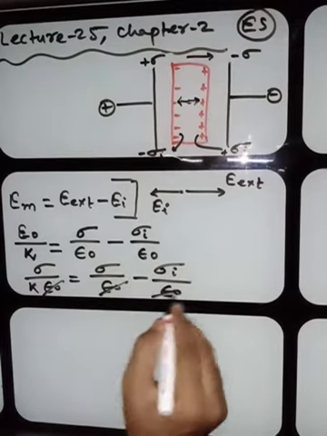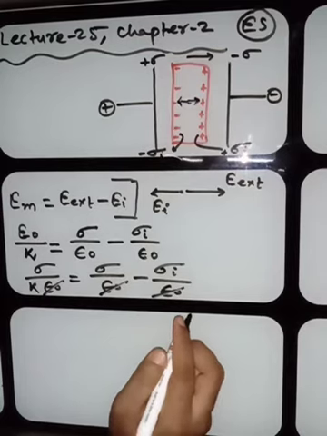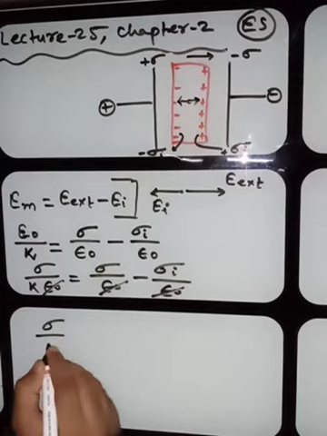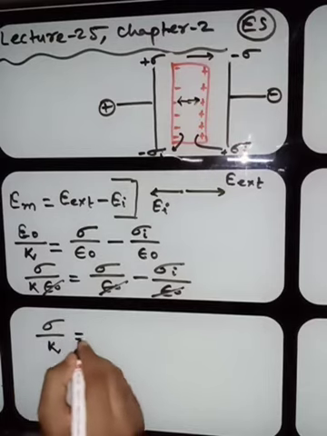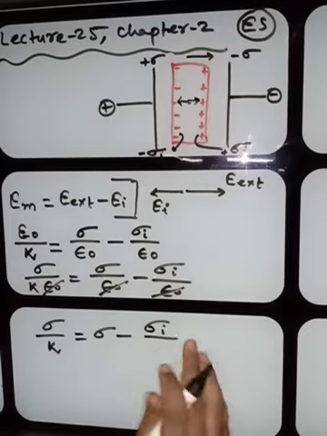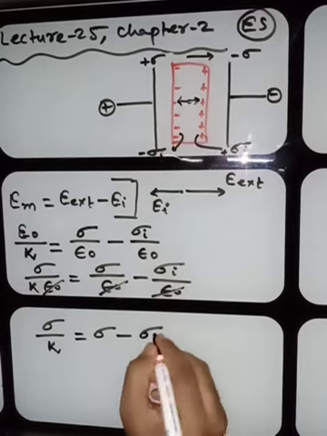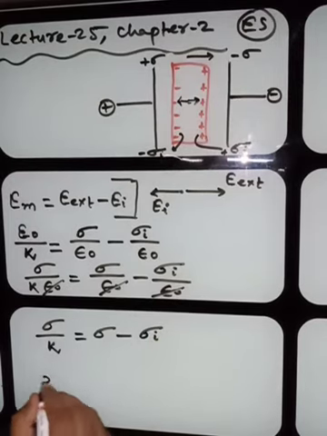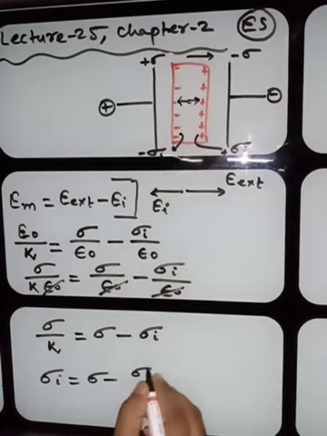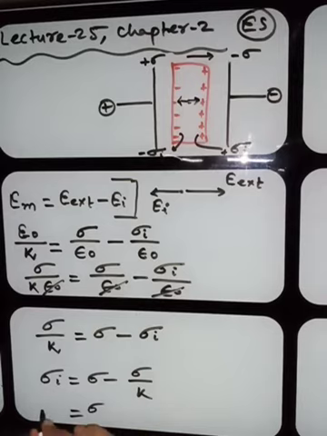This epsilon naught can be cancelled out, and then we will have a very fantastic formula. Sigma by k equals sigma minus sigma induced. We have to find sigma induced, which can be written as sigma minus sigma by k, or sigma induced equals sigma times 1 minus 1 by k.